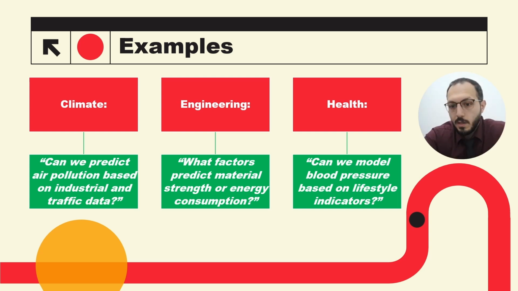You would have a list of columns, and then what will be the rate of material strength if it was a material project, or energy consumption if it was an energy-based project. For health, can we model blood pressure based on lifestyle indicators? So we have multiple columns related to lifestyle, how many meals per day, how many times they exercise per week, average steps, and then in the end, blood pressure level and stuff like that.